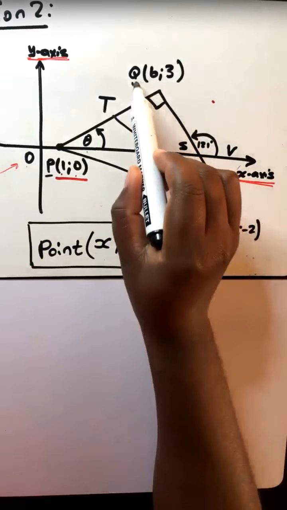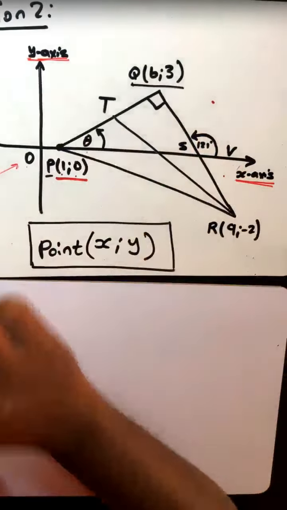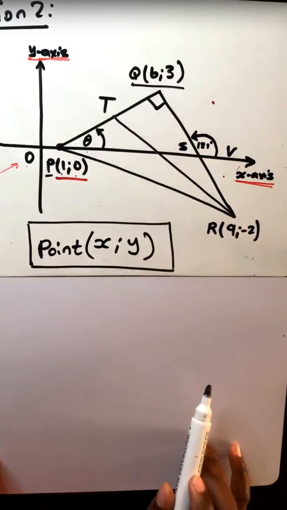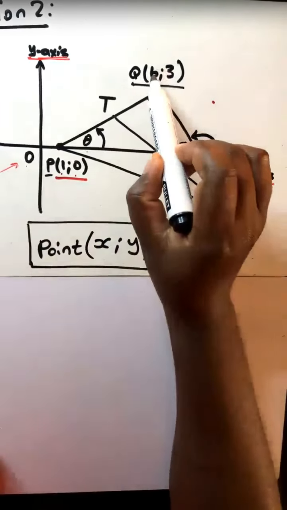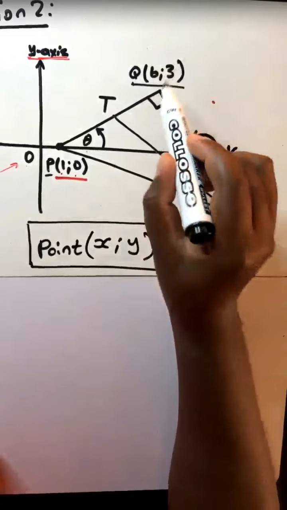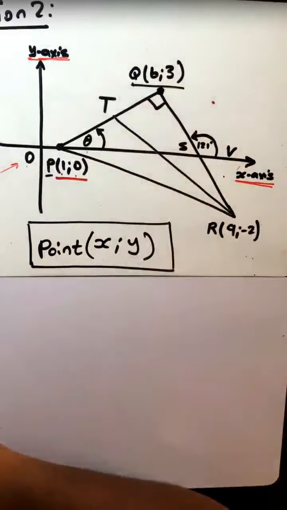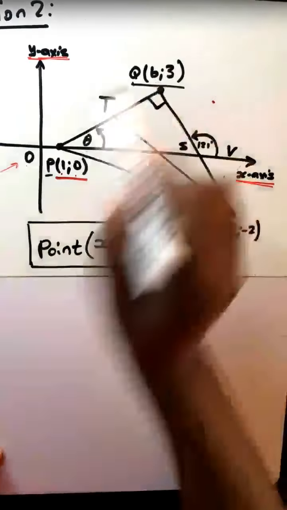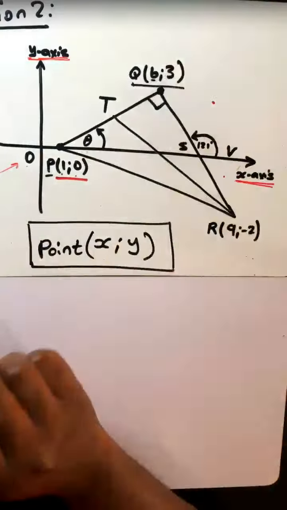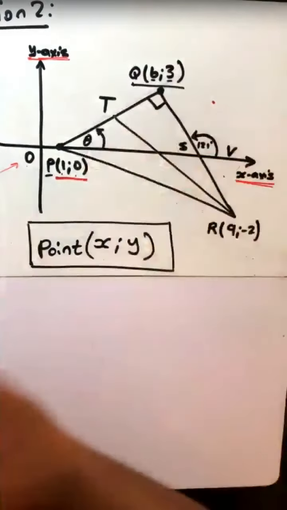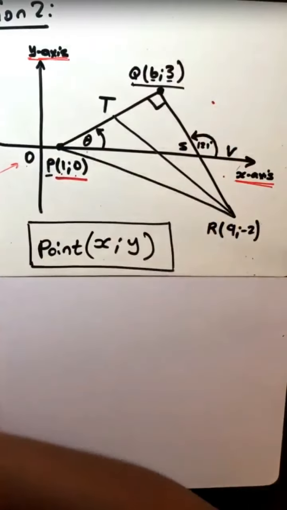Now we are on this letter where they say it's point Q with the coordinates 6 and 3. So already you notice that this is the point that they are talking about. And most importantly, that coordinate is correct because we expected a positive x value and a positive y value. Very, very much important, ladies and gentlemen.